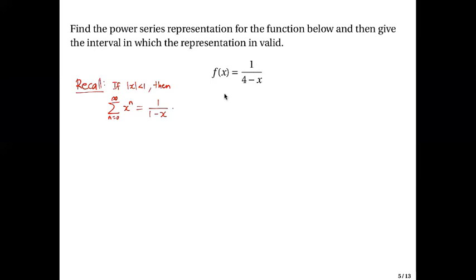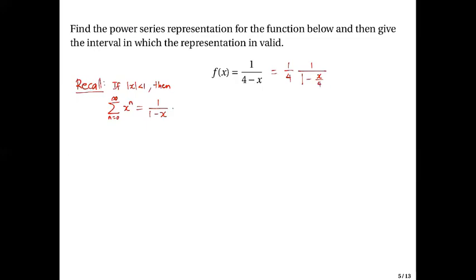We will try to convert this into the following expression with some modified x. So what I'm saying is, from this function, if we factor out 4 in the denominator, then this function can be converted into 1 over 4 times 1 over 1 minus x over 4.